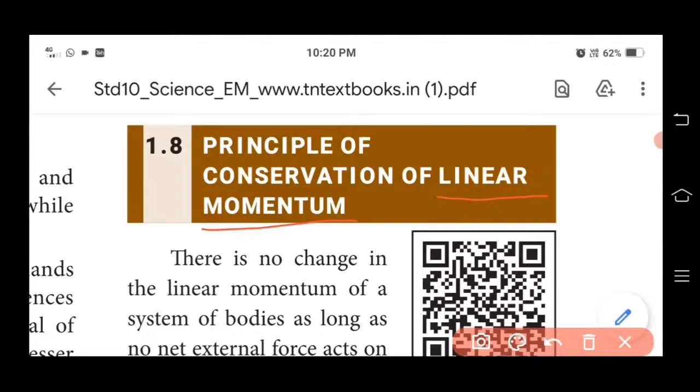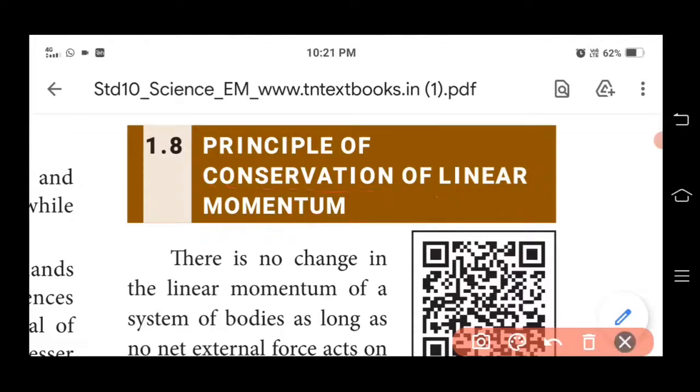In this topic they have given conservation. Conservation means saving. So there is no loss in the linear momentum of the system before collision and after collision.